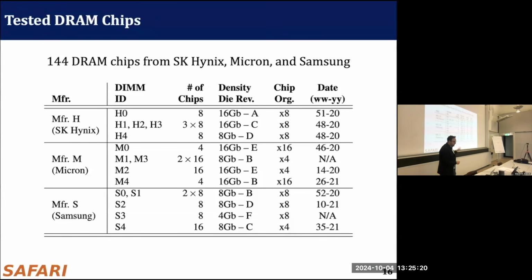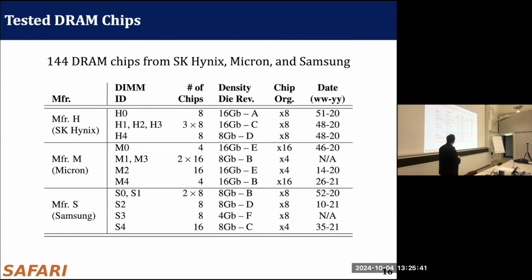In this work, we test these modules. There are a lot of details here, and a lot of details in the paper as well. I'm not going to go over them, but these modules are essentially from 3 major manufacturers. When you sum up the market share of these 3 major manufacturers, you reach something like 98.5% of the market share.